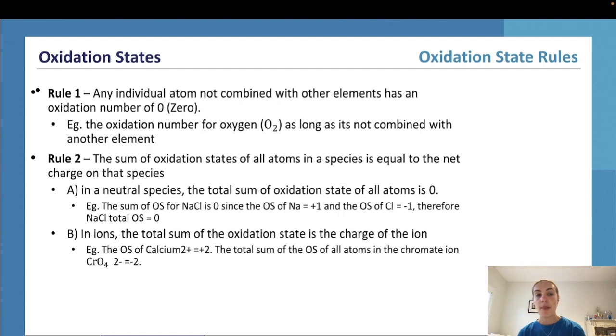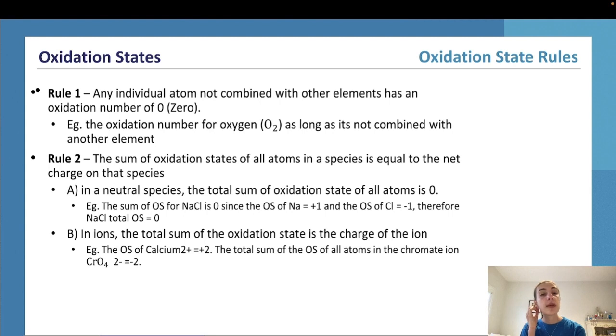But basically, each oxygen atom is going to have a charge of -2, which means that if you have 4 of them, that's going to be -8. And so if you have -8 from all the oxygens, that means you're going to need to add them up to -2. And so the only thing you then have left is the chromium.